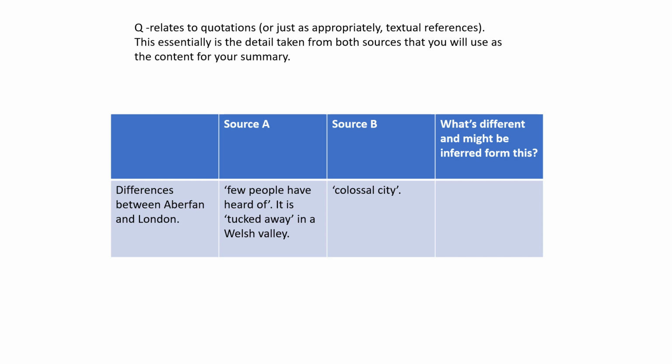In source A, it was stated few people have heard of it, and it was tucked away in a Welsh valley. And in source B, the quotation selected is colossal city. So with both of those quotations, it is very evident that we can make some really excellent inferences about them.